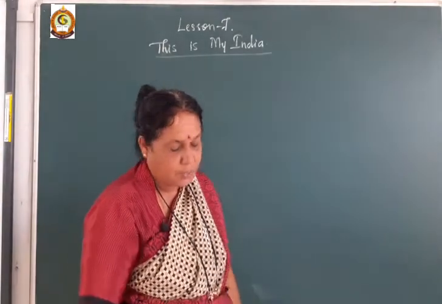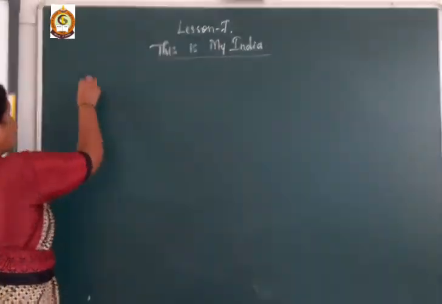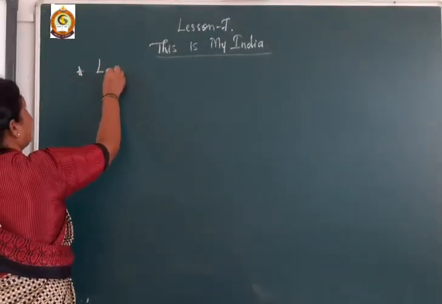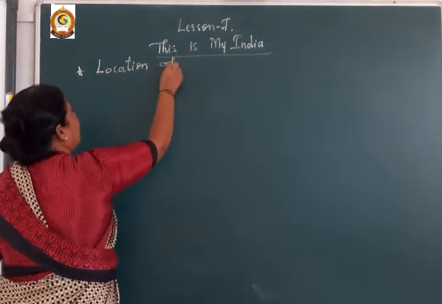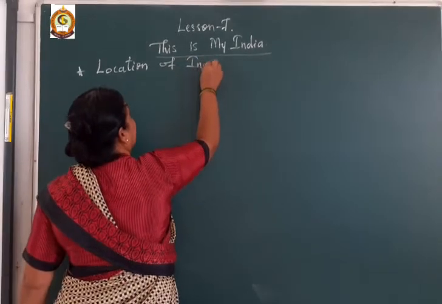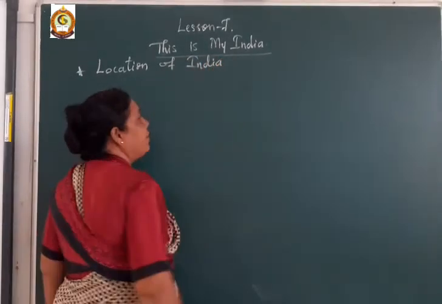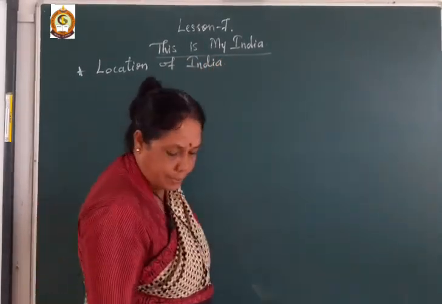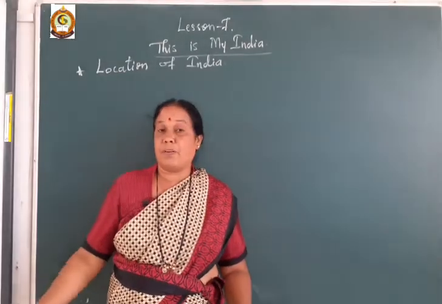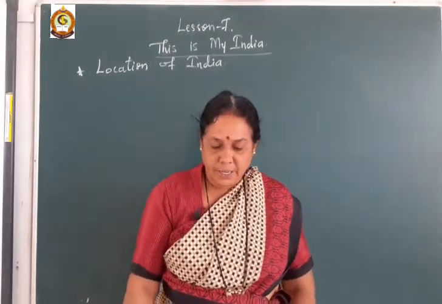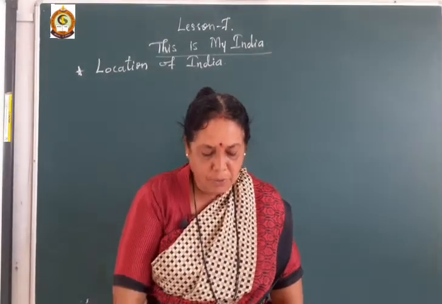Dear student, first in this lesson we are learning about the location of India. Location of India means where is India located on the world map? Dear student, India is a big and beautiful country. You know that India is a big and beautiful country.